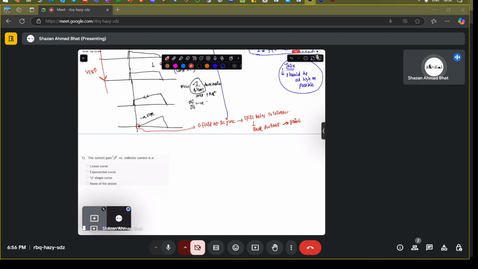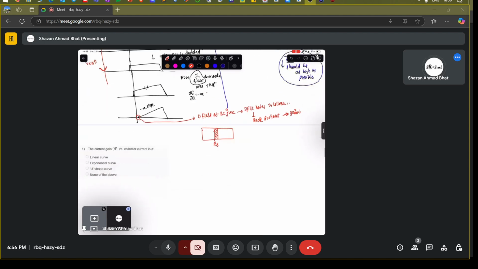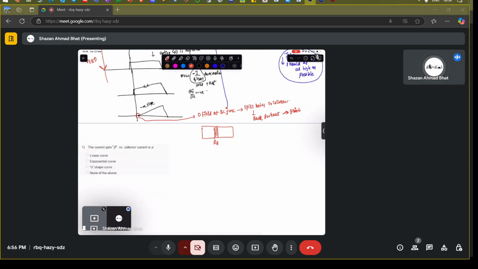Okay, so to mitigate these effects, we usually make the base thinner, which is better. But making the base thinner will include something called base resistance. So there is always a trade-off when designing these things. When there is a point at which the field becomes almost zero, the holes will start to spill over.